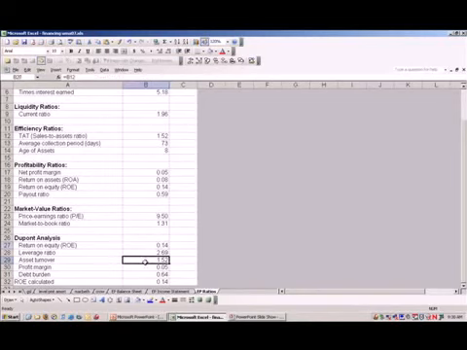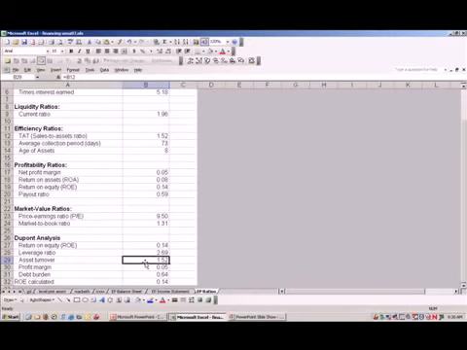A second explanation for their result is that they achieved an asset turnover of 1.52. In the organizations that I'm familiar with, that is in healthcare organizations, an asset turnover of 1.52 is actually fairly high.